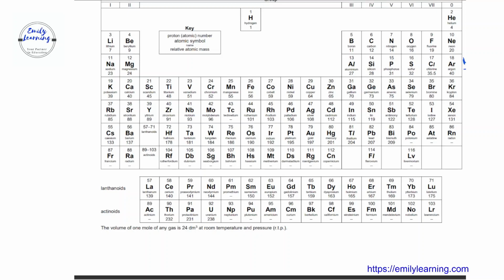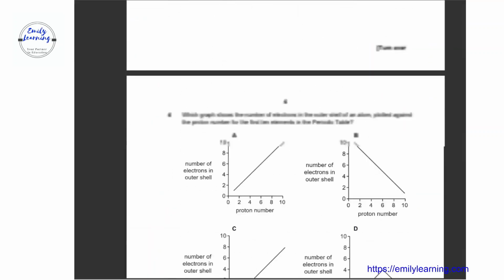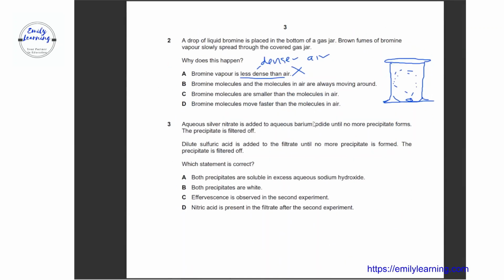The higher the Mr of a gas, the denser it is. So bromine is denser than air, because its Mr is way more than 28. So option A is incorrect. To find whether a gas is denser or less dense, we compare Mr.